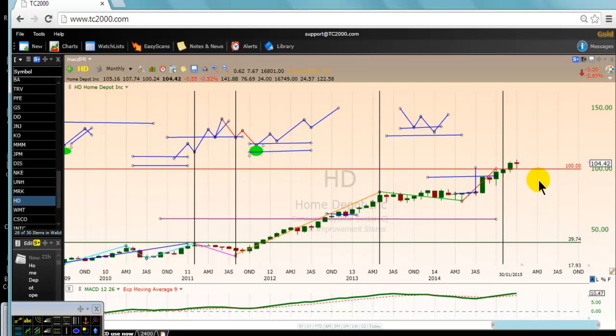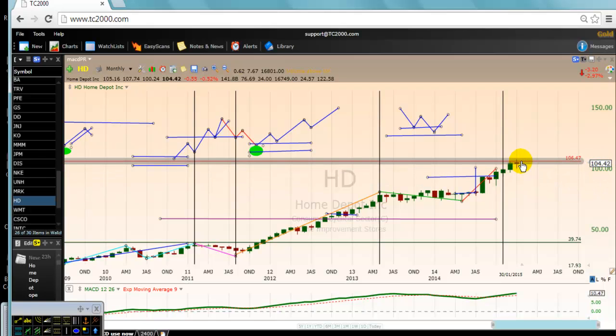I was saying to traders that this stock, Home Depot, we find it very difficult to cross the level of $100. It's not $100, it's up here, this level. So if I put it in the right place, when I was recording that, we were here in the month of January.